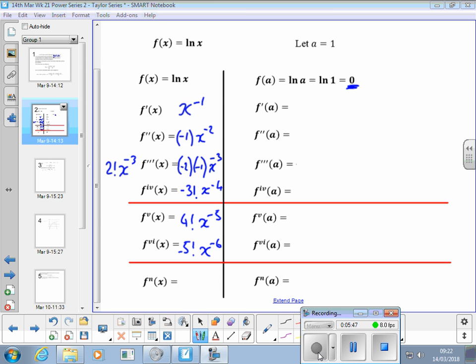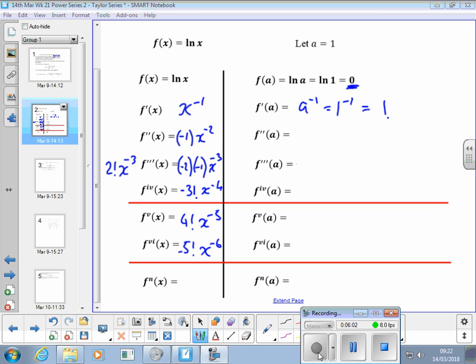So, x to the minus 1. We're looking for a to the minus 1, which is equal to 1 to the minus 1, which is equal to 1.